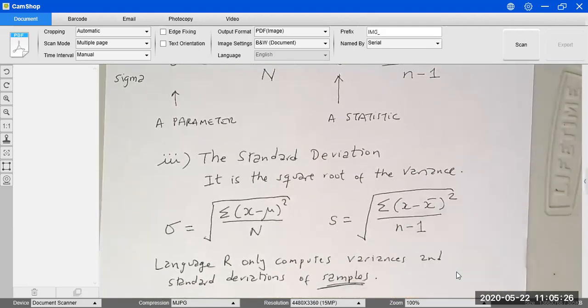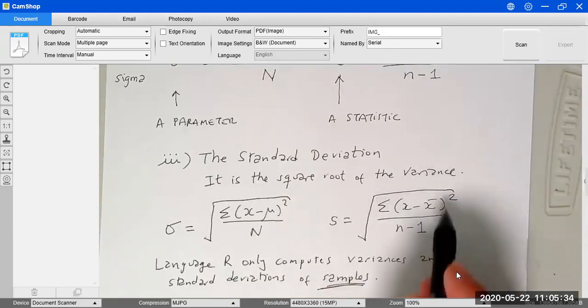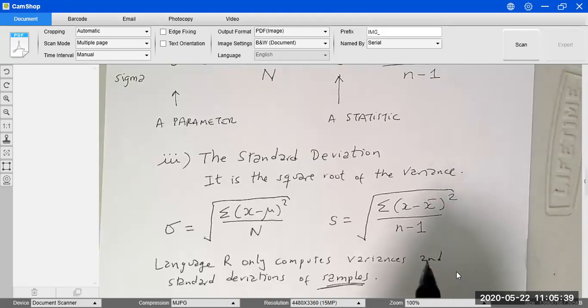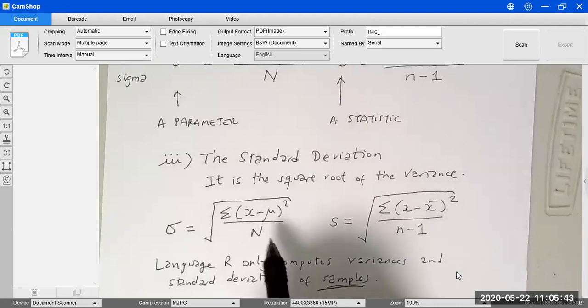Anytime you use a command in R to get the variance or the standard deviation, you're getting it as if the data set was considered a sample. So if you are working on a population, you need to do an adjustment.